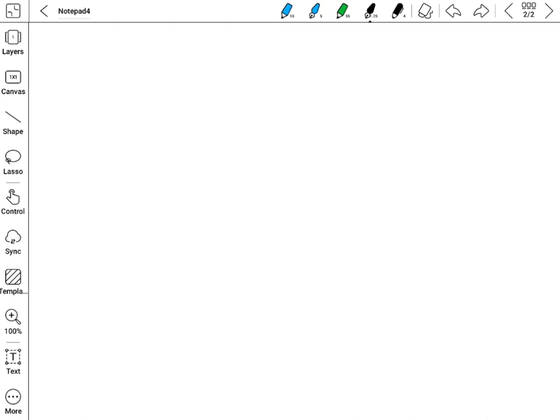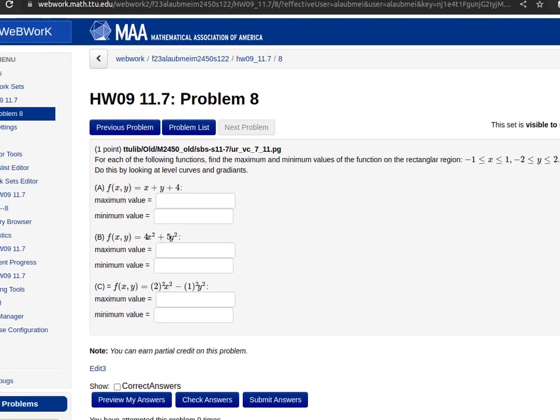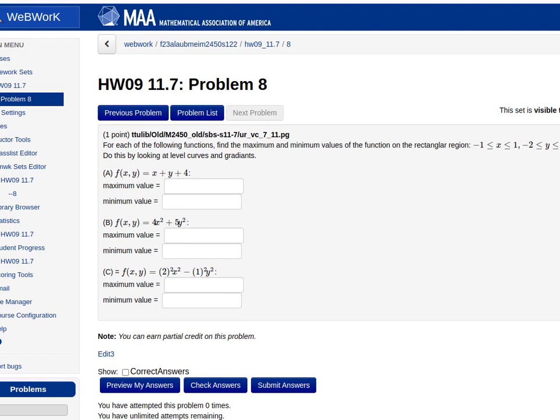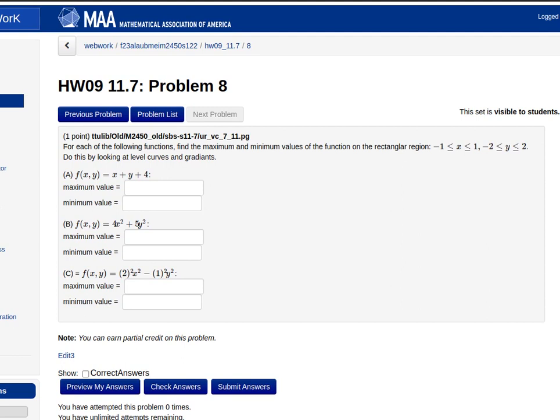The second request was about problem 8 in section 11.7. And so in this case, oops, didn't center that quite right. In this case, we're trying to find the maximum and minimum values of a function on a rectangular region.